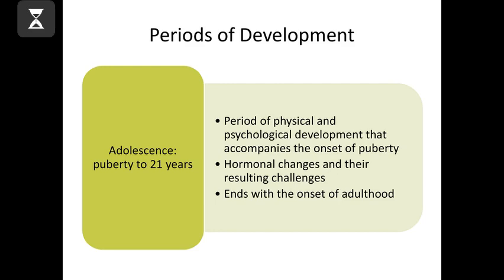There's lots of hormonal changes that are a result of that. And when does adolescence end? With the onset of adulthood, which is usually 21 years of age. And what happens at this time? Individuals begin to function independent of their parents.